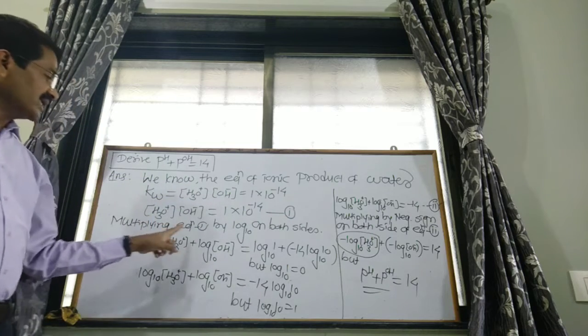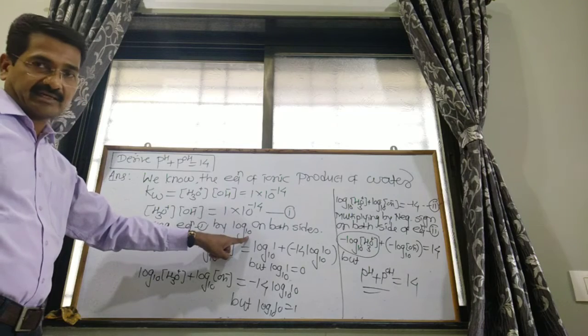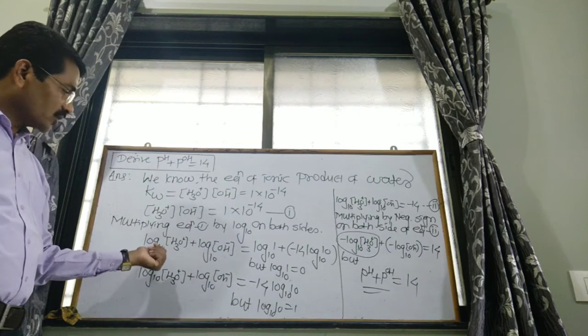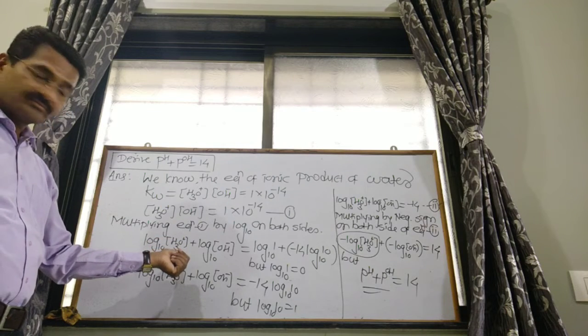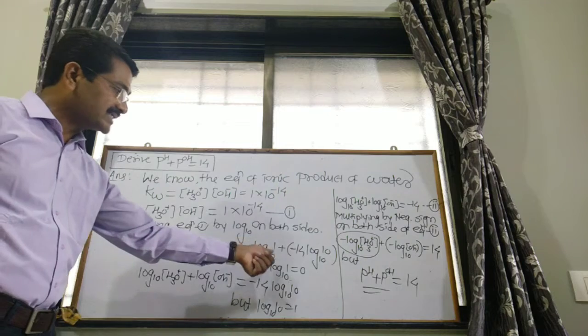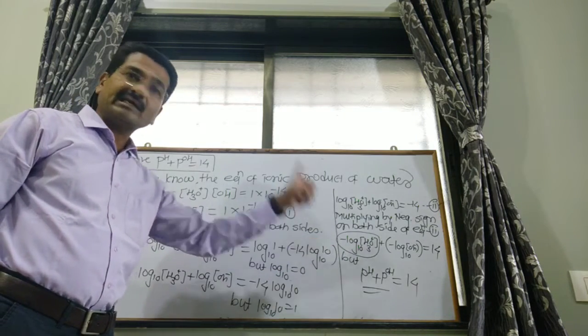Again multiply the first equation on both sides by log to the base 10. We get log 10 of hydronium ion plus log 10 of hydroxyl ion is equal to log to the base 10 of 1 plus minus 14 log to the base 10 of 10.